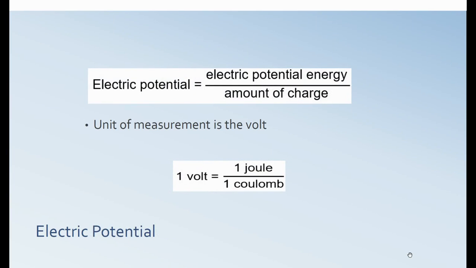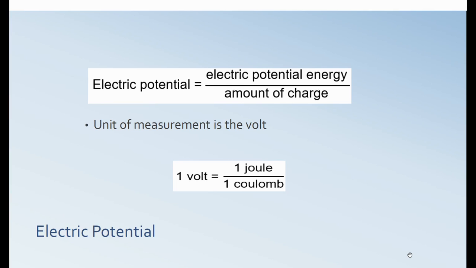Now we come to electrical potential, and this is probably one of the more confusing concepts that we're going to talk about here about electricity, because electrical potential and electrical potential energy are not the same thing. We talked about our electrical potential energy, which we measure in joules, and that is basically the energy a particle has because we've done work pushing it against a field.